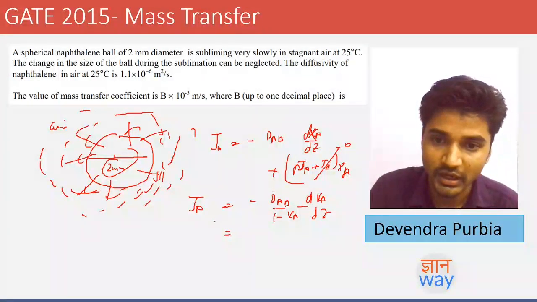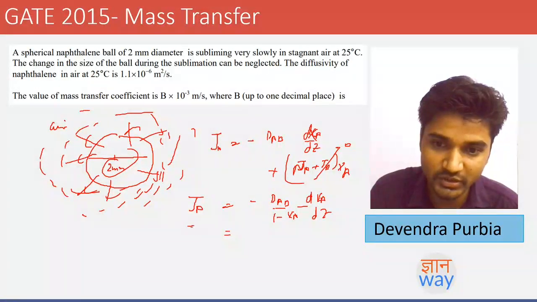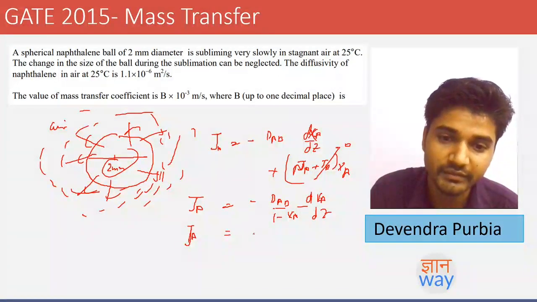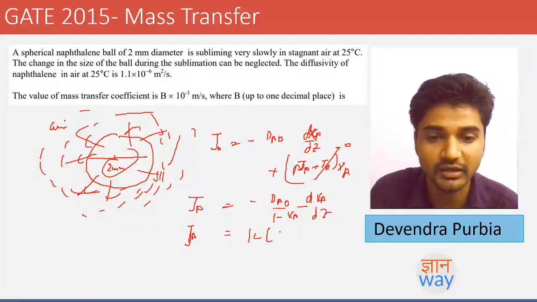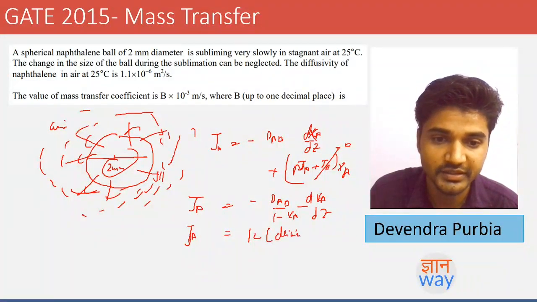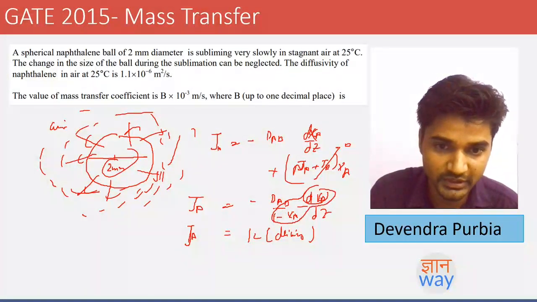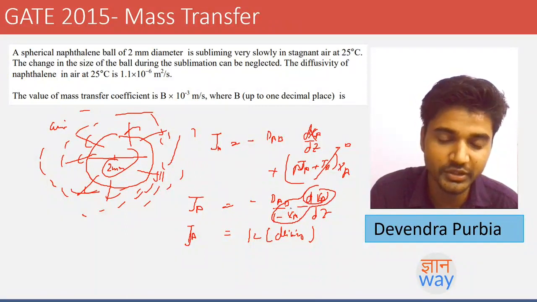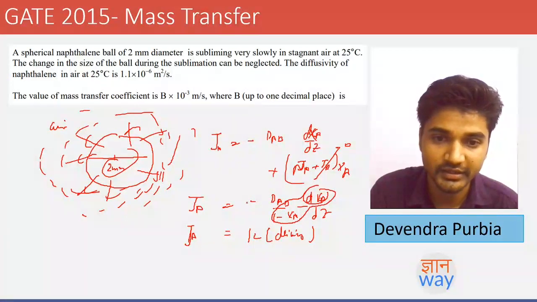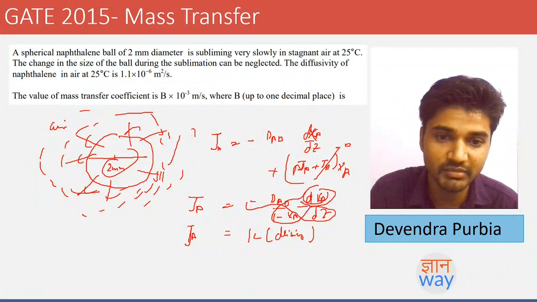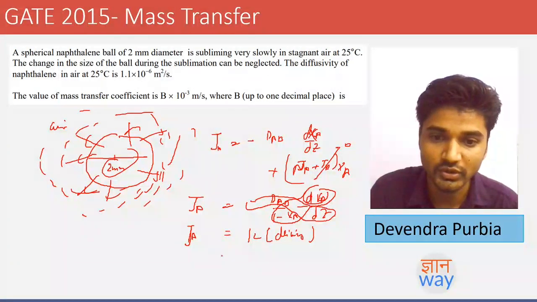Now to calculate the mass transfer coefficient, the total molar flow rate should be proportional to some K times the driving force, and this driving force is nothing but dXA, this whole term. Leaving this part, this is the term denoting the driving force, and this DAB by delta denotes the mass transfer coefficient.